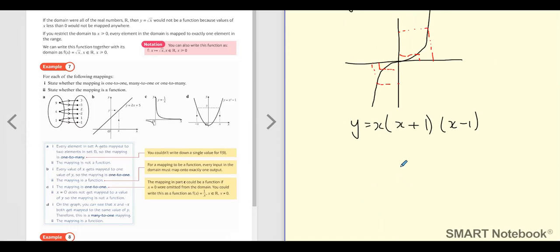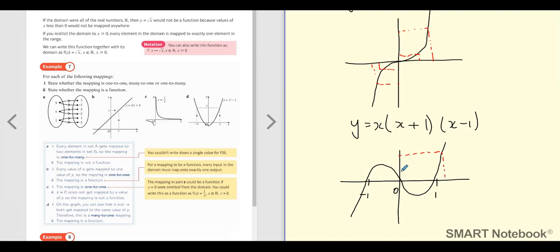Right, so if I sketch that, now I've got roots at -1, 0, and 1. But this actually goes up and down, doesn't it? It's got a maximum and a minimum. If I draw a horizontal line, the ray test here, I've got 1.